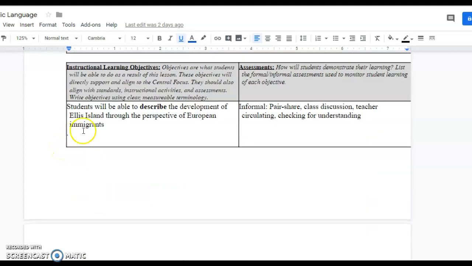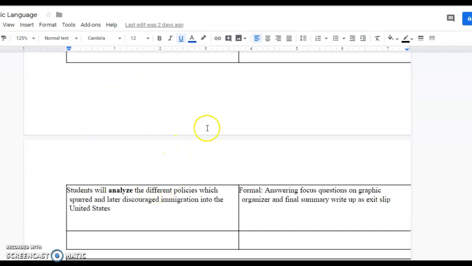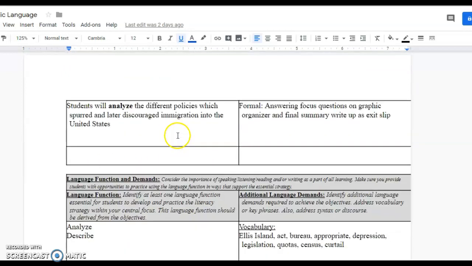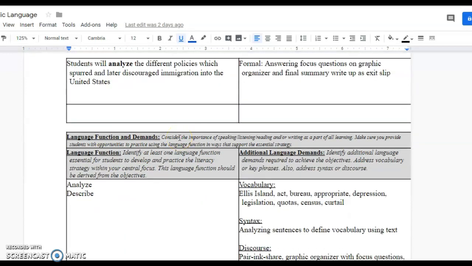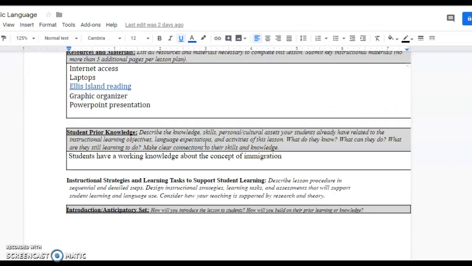And so describing, we have students will be able to describe the development of Ellis Island through the perspective of European immigrants. So here is basically just a quick overview of how students are expected to understand language and see how it's going to play a role in their understanding of a certain historical time period within my lesson.